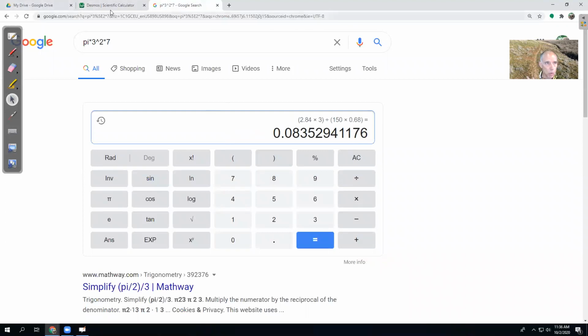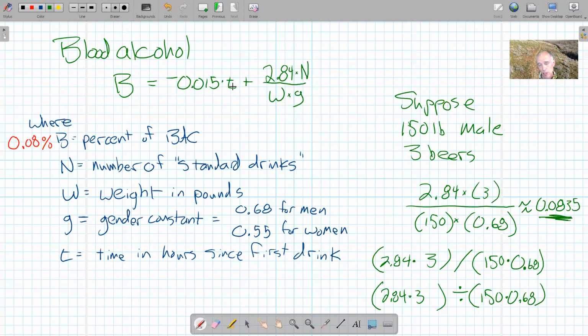Okay, one more calculation, and then we will stop. I could enter that whole equation if I knew a time. So let's suppose we wanted to know 2 hours after the first drink. What would it look like for this person right here?